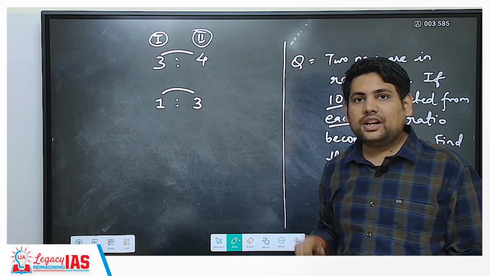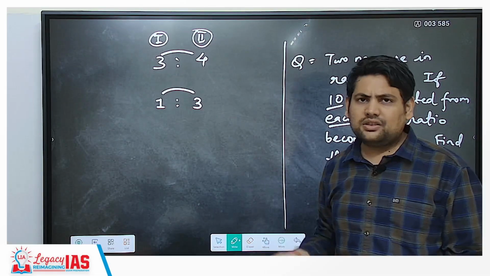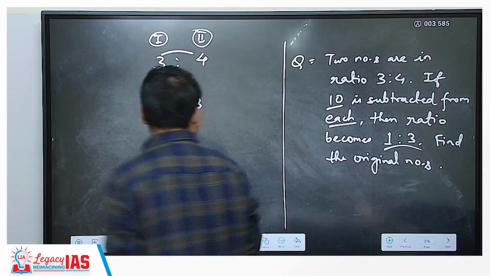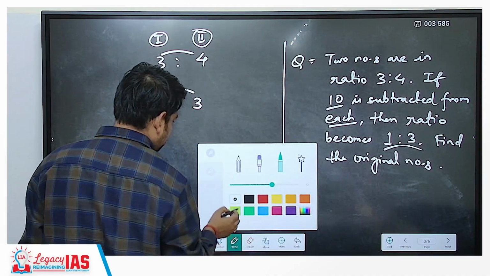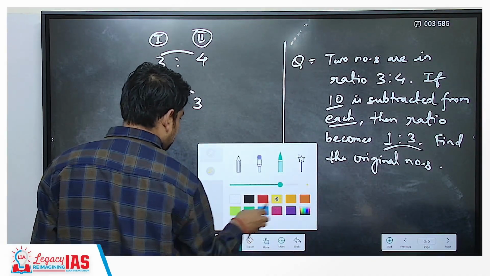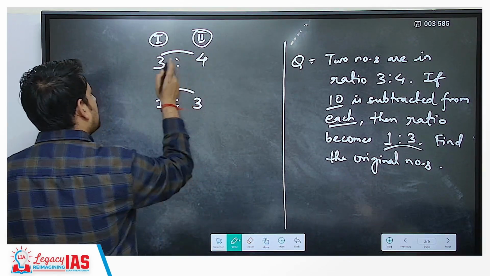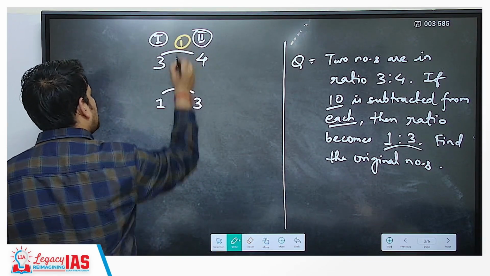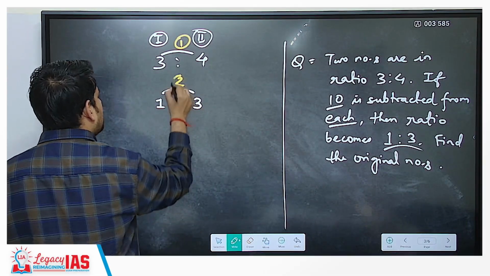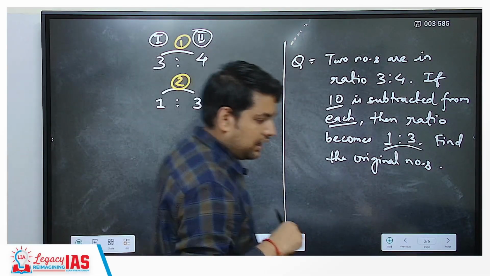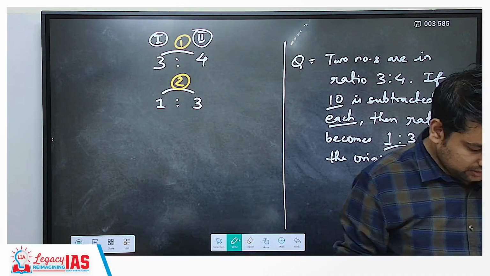So you first try to make their difference constant. Now what is the difference here? 3 and 4, the difference is 1. 1 and 3, the difference here is 2. Correct? So the difference is not constant.